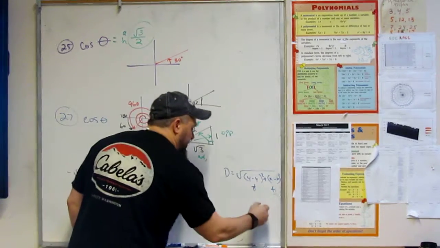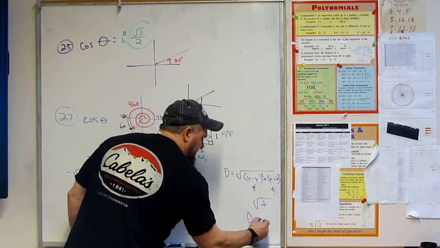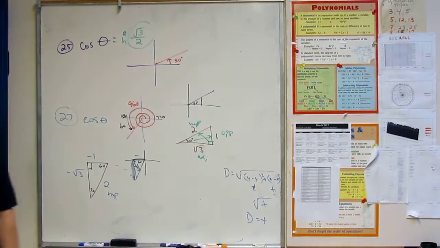And when we add two positives, we get a positive. When we take a square root of a positive, then the distance is positive. So it's always going to be positive. So the hypotenuse is going to be positive. What isn't necessarily positive are the sides of that triangle.